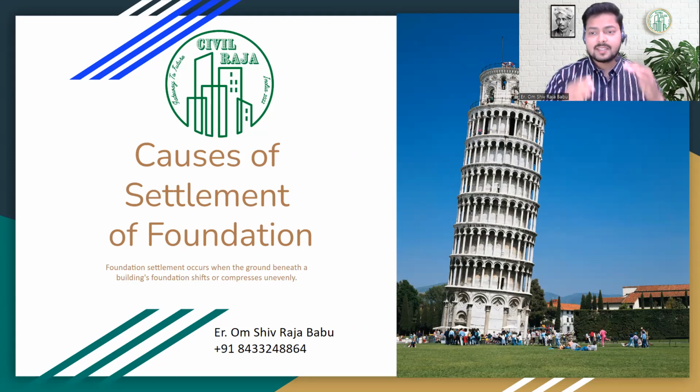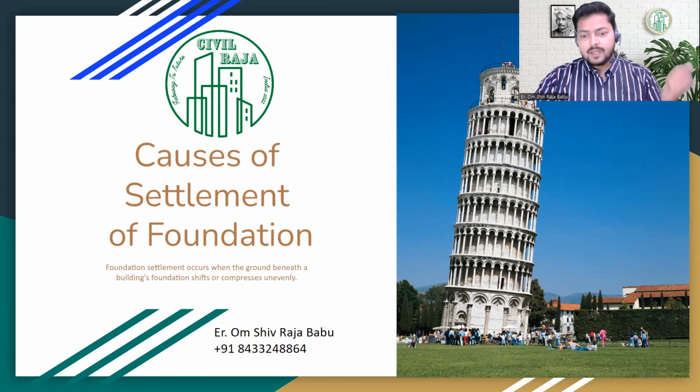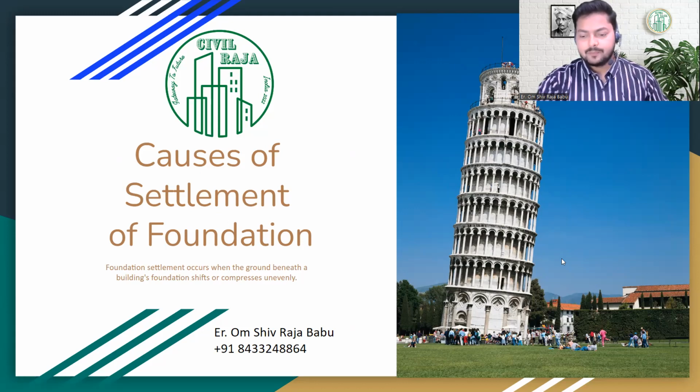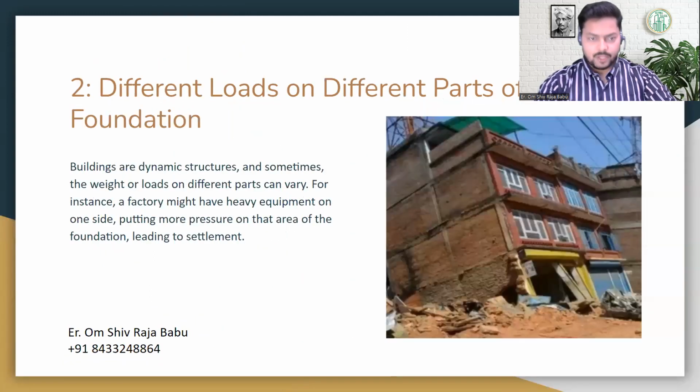But if there is differential settlement, as in the case of the Leaning Tower of Pisa, one side has not settled, the soil beneath the structure is holding it, but the other side, the right side of the picture, shows settlement in the foundation. This is called differential settlement, and it is very harmful for the structure. It may also cause cracks in the structure. Now let's jump to the next reason.